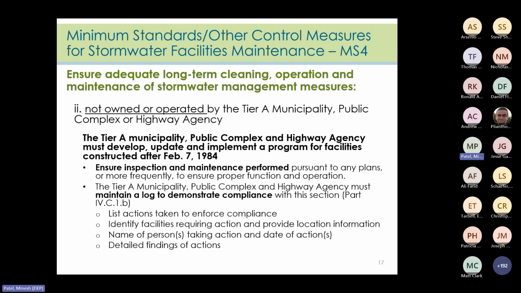This is not a new requirement, and the way it is written is to clarify what has been required previously. The permittee is required to ensure maintenance is performed according to the plan, or even more frequently than the plan states. And a logbook must be maintained of the actions taken to enforce compliance, and these details are required. And again, for more information on the subject, please refer to your respective permit.